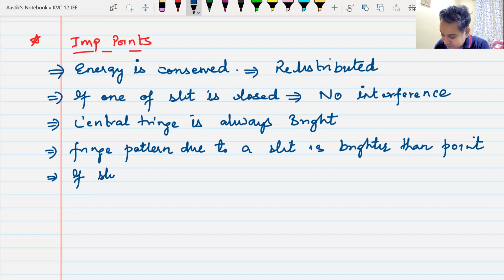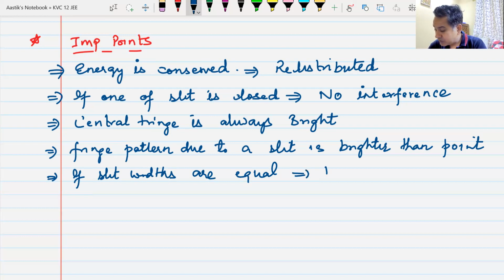If slit widths are actually equal, then we will have dark fringes that are completely dark.